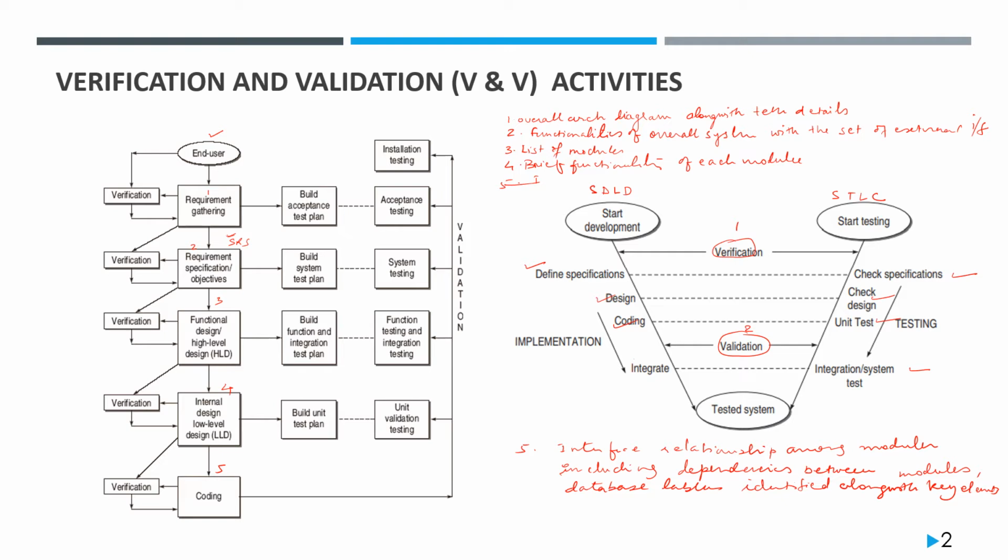Already shown here, requirement gathering is coming under verification, and requirement specification is also coming under verification. Functional design, high level design is coming under verification. Then internal design, low level design is coming under verification, and coding is also coming under verification.